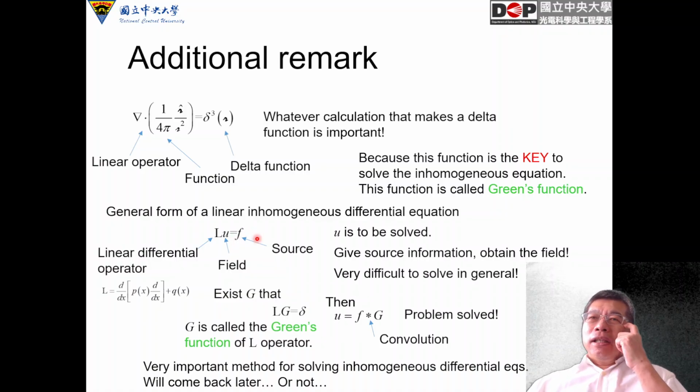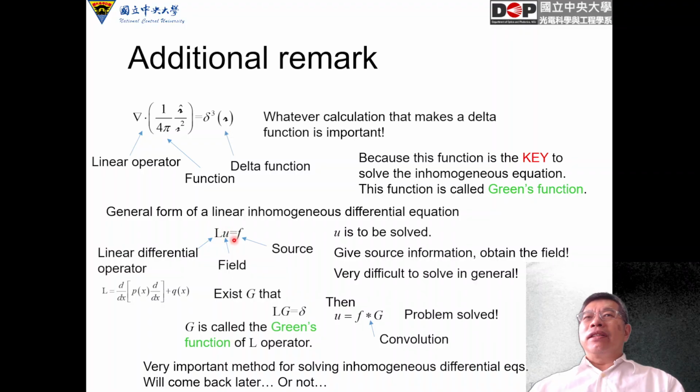But typically, the difficult part is we know the source, but we need to know the field. That is the very difficult problem we usually encounter, especially when the source has a funny-looking shape. So u is to be solved.